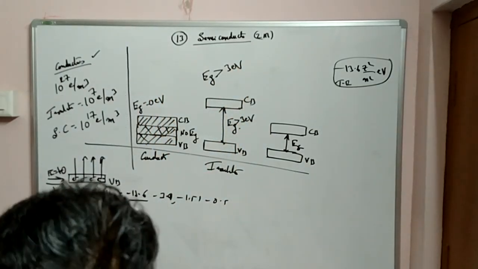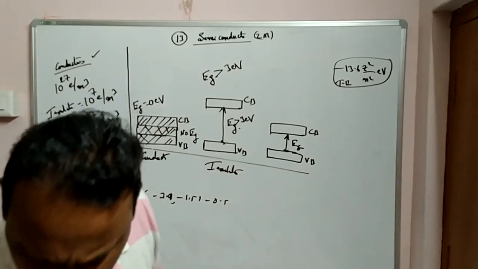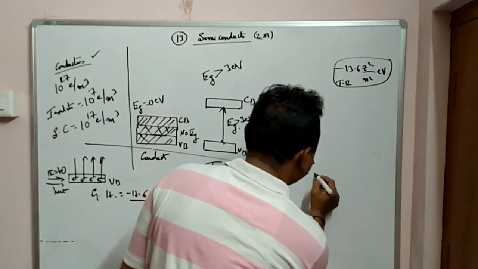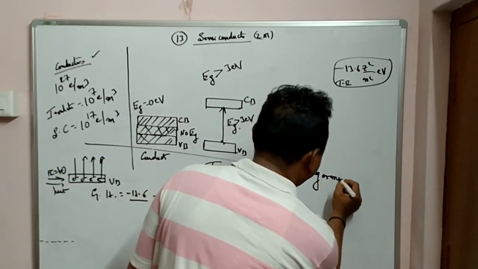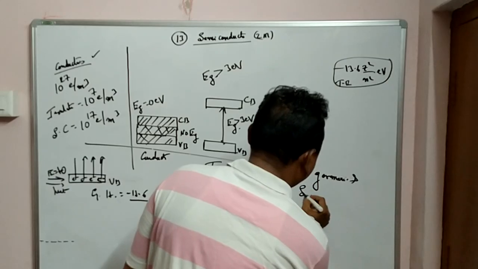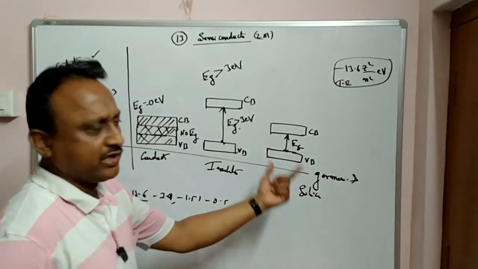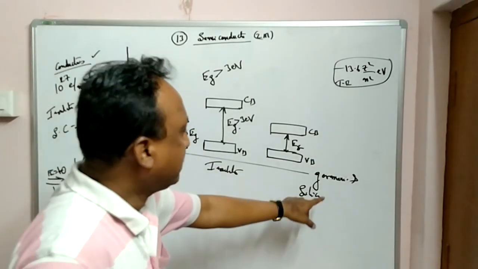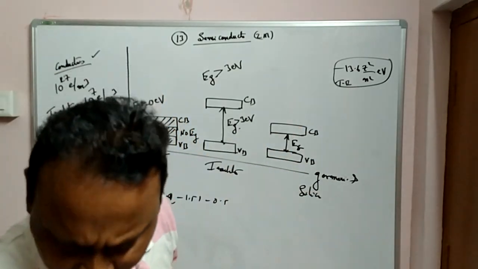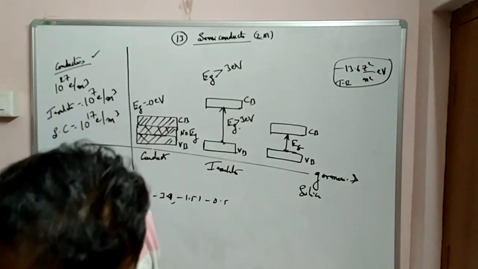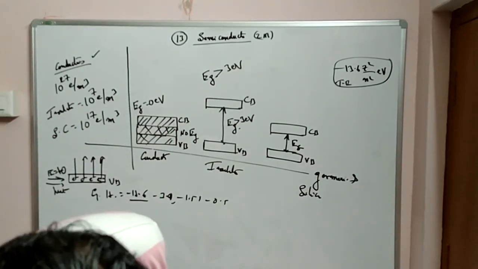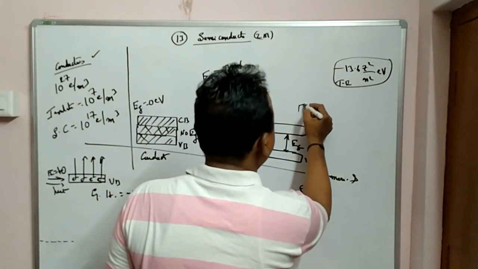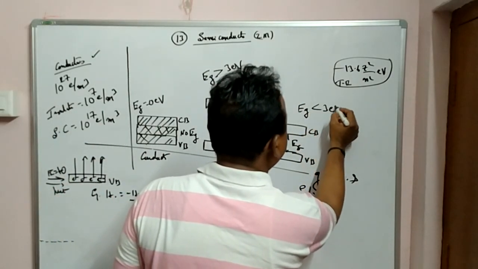In the same way, for semiconductors, the best examples are germanium and silicon. They are fourth group elements in the periodic table: carbon, silicon, germanium, tin, lead. They are the best examples of semiconductors because they act with dual nature. In a semiconductor the energy gap is less than 3 electron volts.